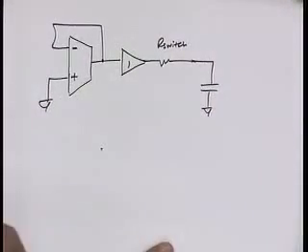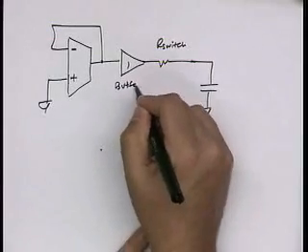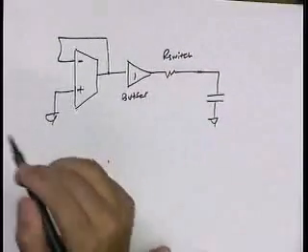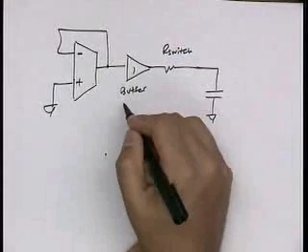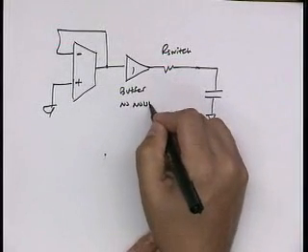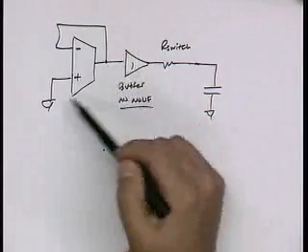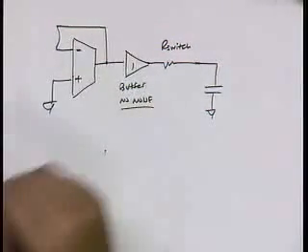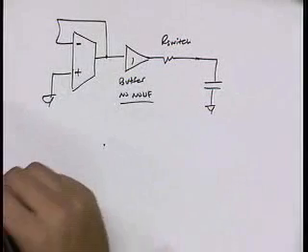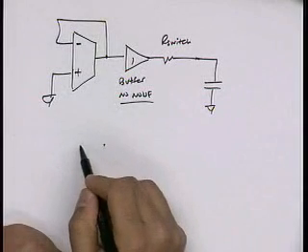So this is my buffer. I'm going to assume that somehow I know how to design a buffer with zero noise. Then the only noise that this circuit is going to have is the noise of this OTA block.